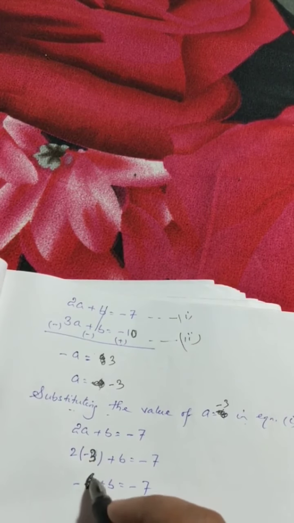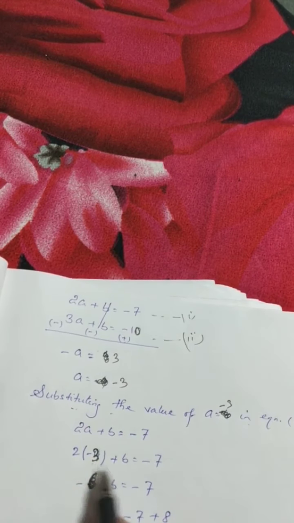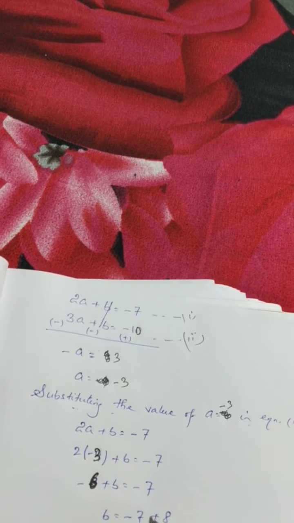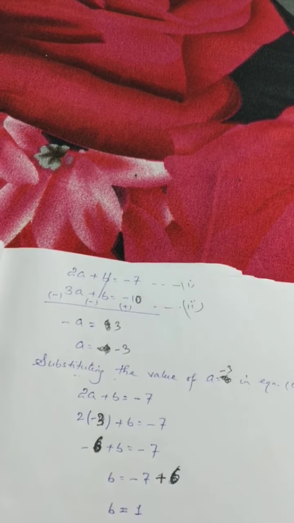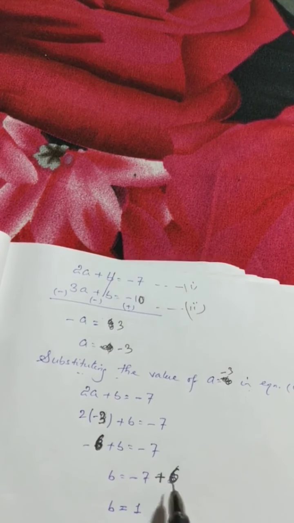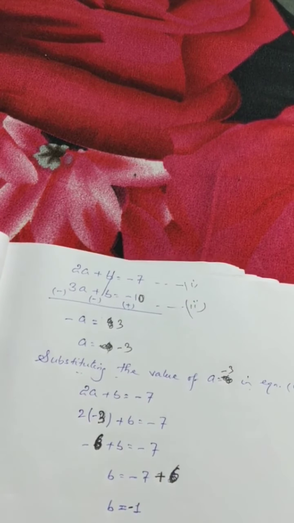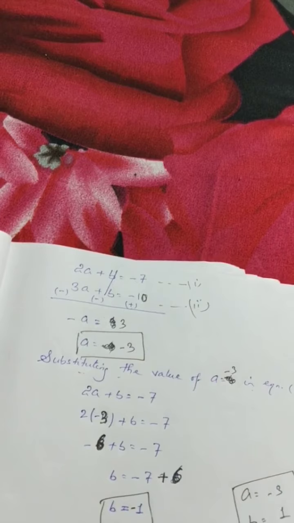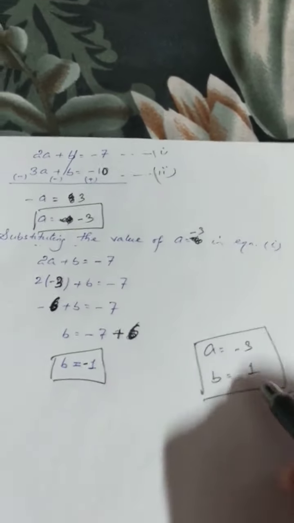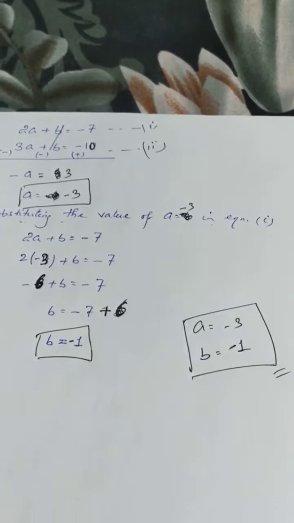Minus 6 plus b is minus 7. Next send this minus 6 to the other side, it will be plus 6. So b is equal to minus 7 plus 6, that will be b is equal to minus 1. So here a is equal to minus 3 and b is equal to minus 1.